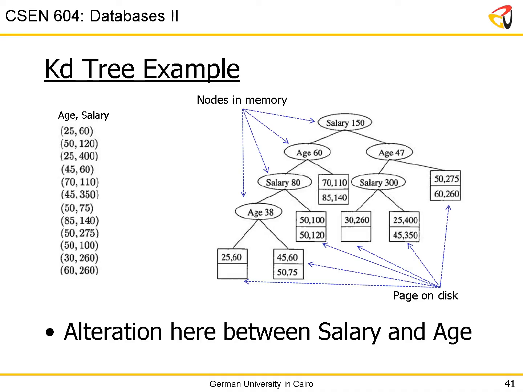I keep alternating the dimensions. I do not pick a dimension 2 times in a row. So this is the first idea you need to understand about KD trees: the alternation of dimensions on the levels of the tree.